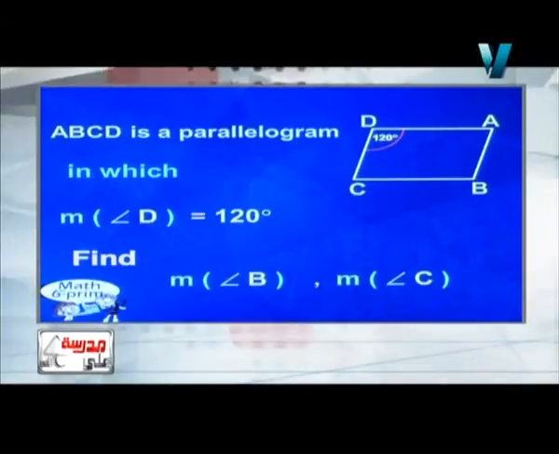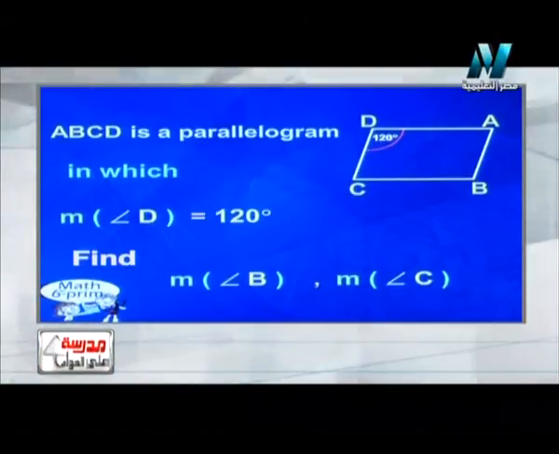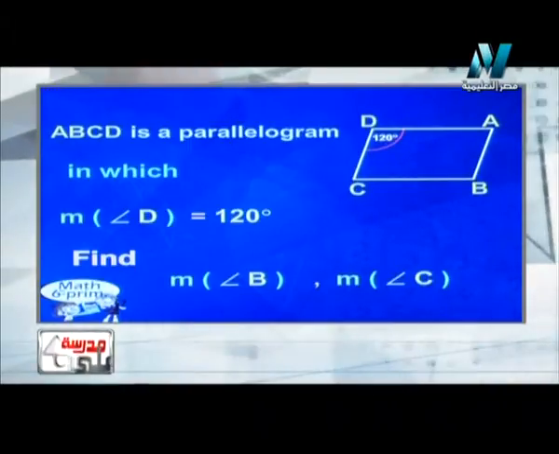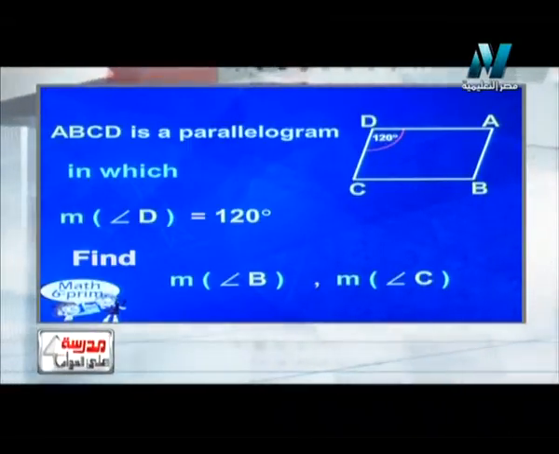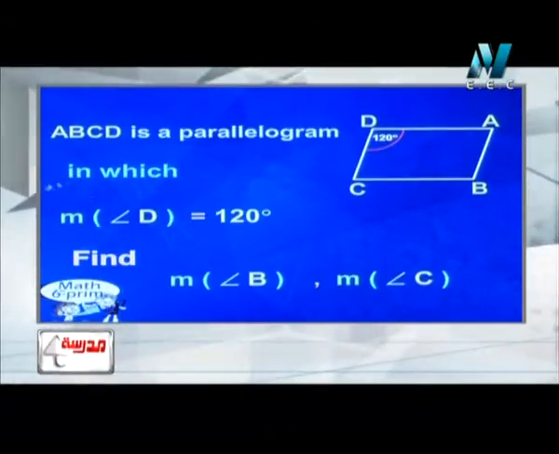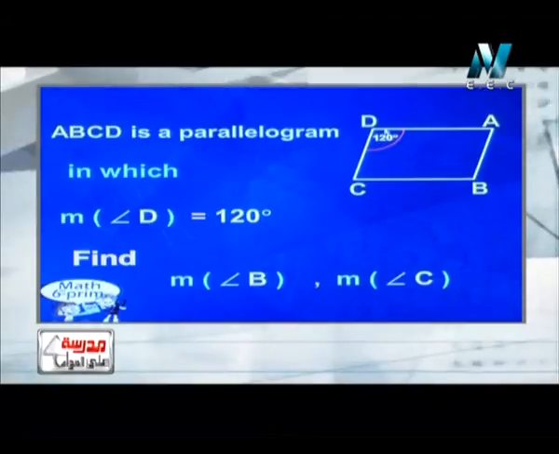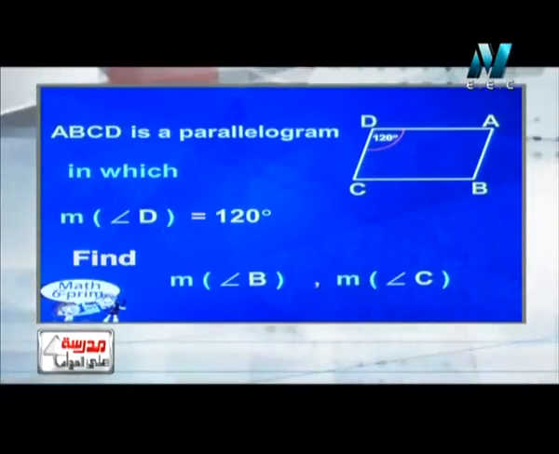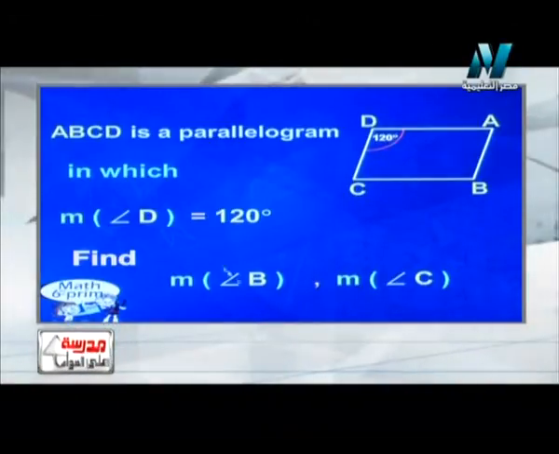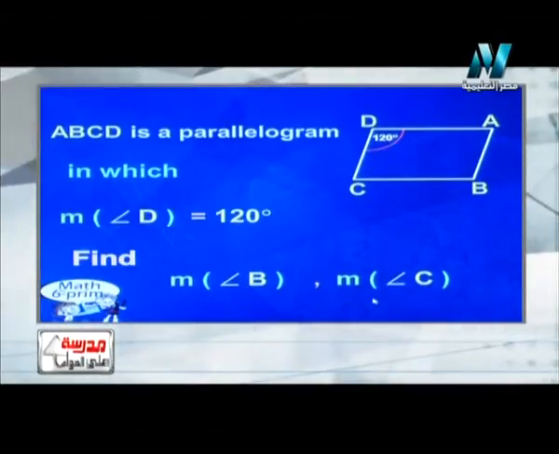You have to understand it very well, because we can use it several times to find the measure of the rest of the angles of any parallelogram.